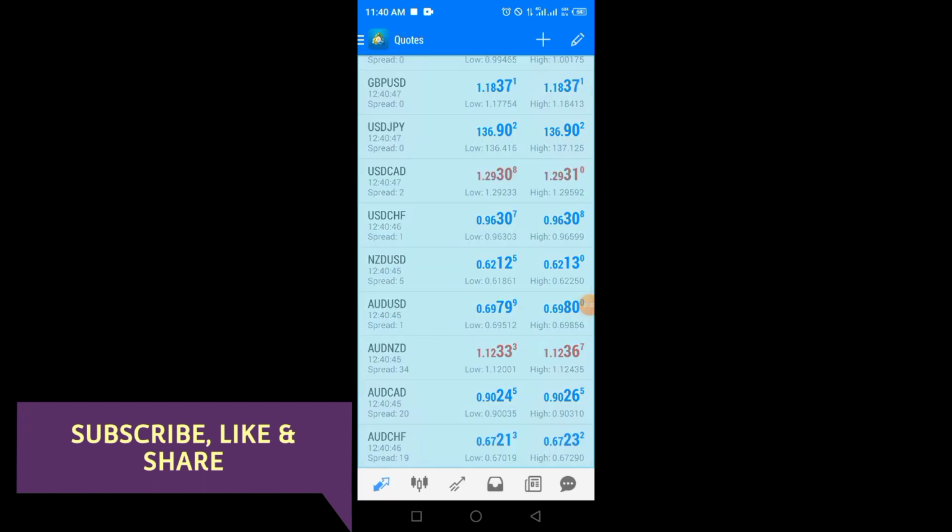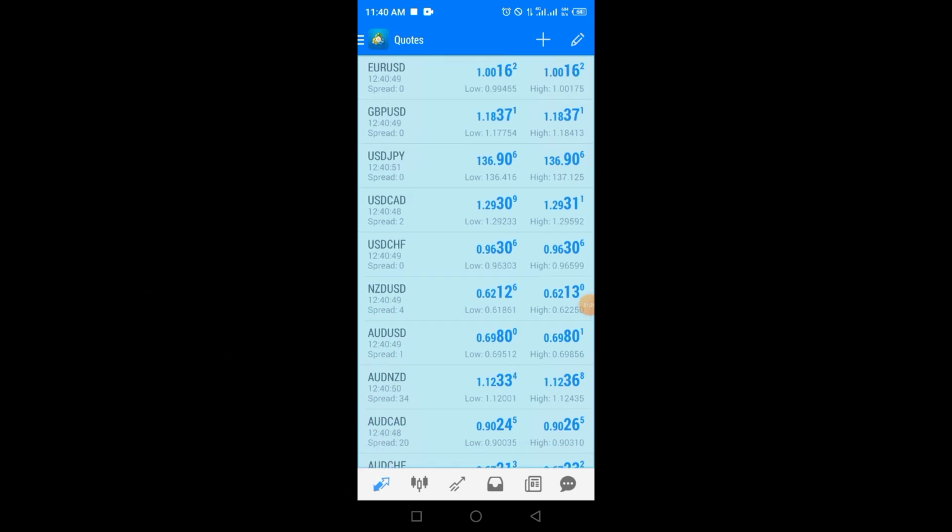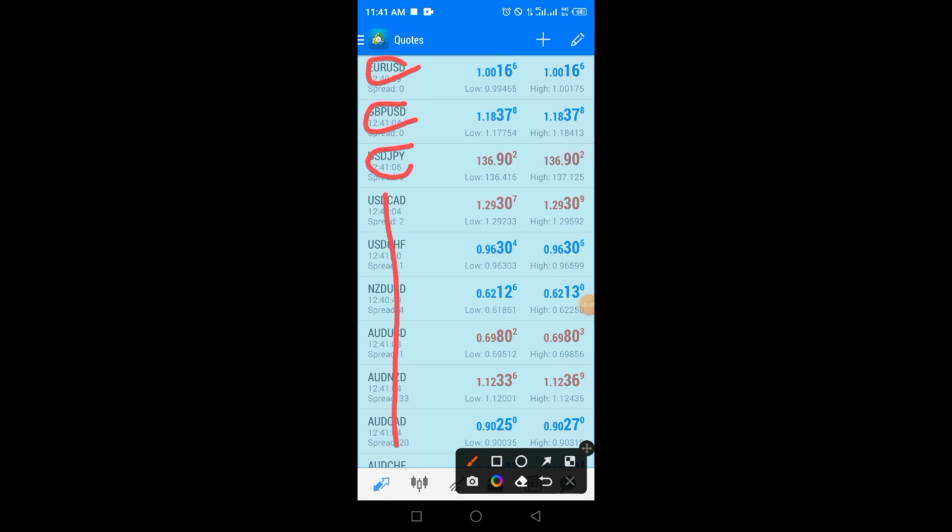So the quote session contains the currency pairs. Look at it here. These are some of the currency pairs that we have here. We have the Euro USD, the GBP USD, the USD JPY, and so on.